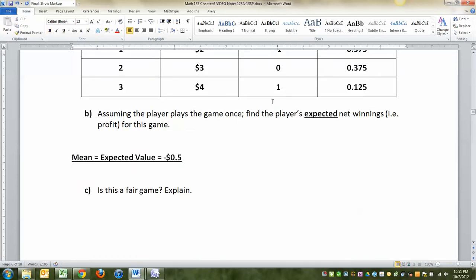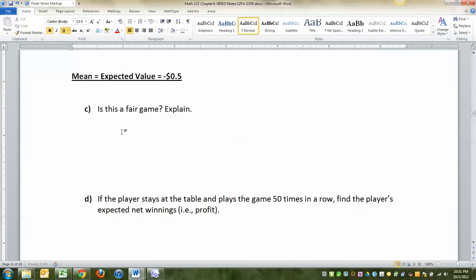Is this a fair game? Heck no, not even close, right? Because the expected value is not 0.